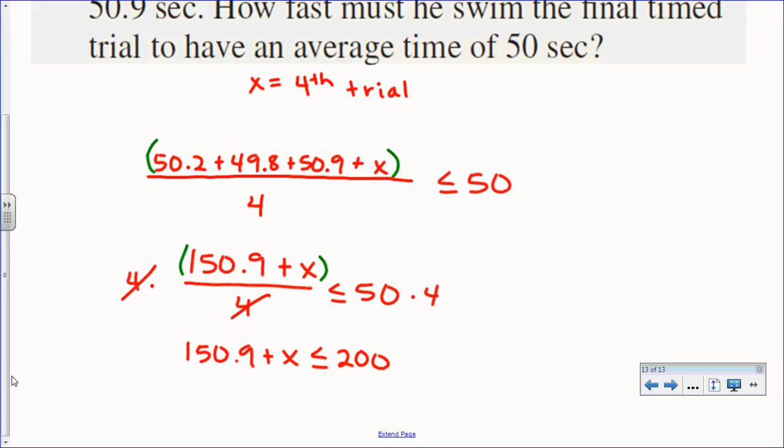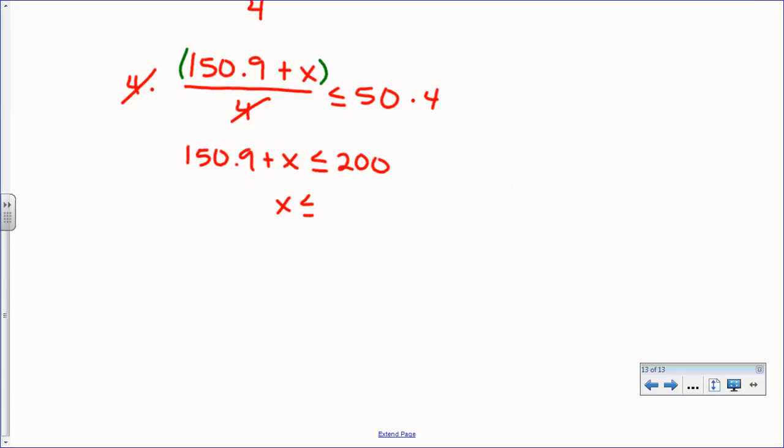That's 200. And then subtract. 49.1. Okay.